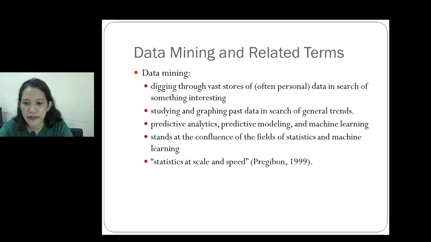Another major difference between the fields of statistics and machine learning is the focus in statistics on inference. In contrast, the focus in machine learning is on predicting individual records.